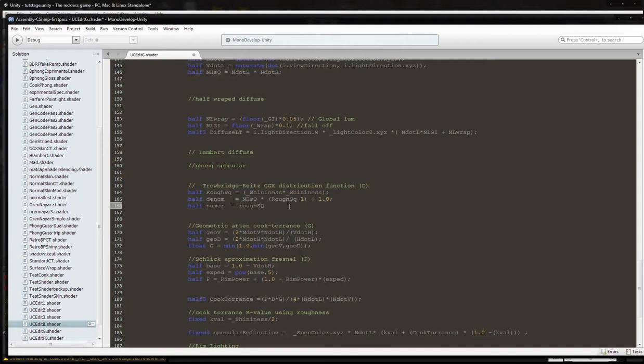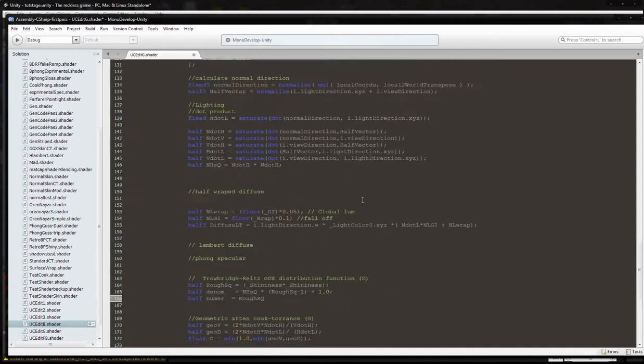And now it's time for us to create another variable up here.